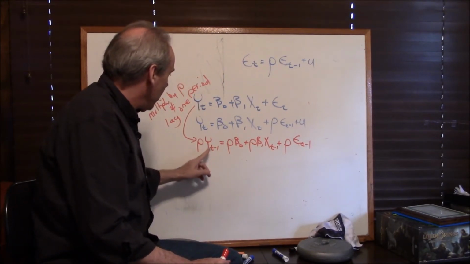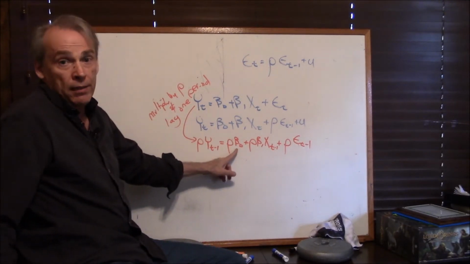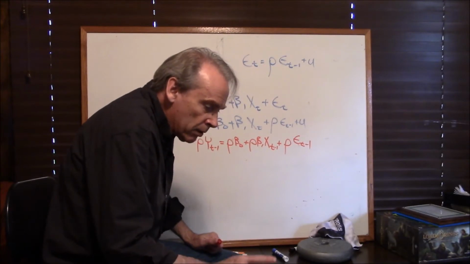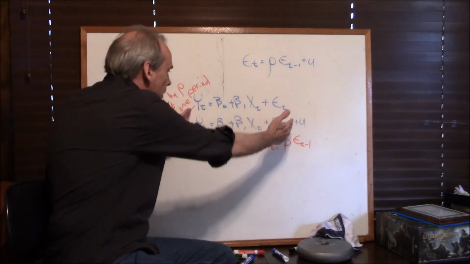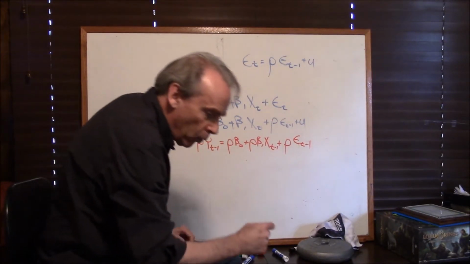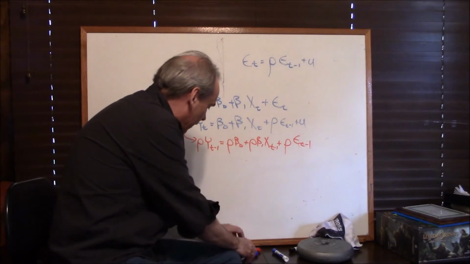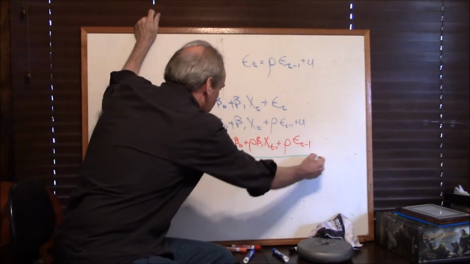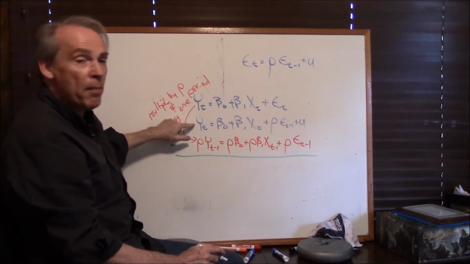Oh, by the way, I don't have a subscript on rho, obviously. It's a constant, all right? So we don't have to subscript that. Now, I want to subtract the red equation from the blue equation that's right before it. In fact, let me make up a new notation that doesn't really exist in mathematics. Minus, all right? So I'm going to subtract this from that. What would you get?